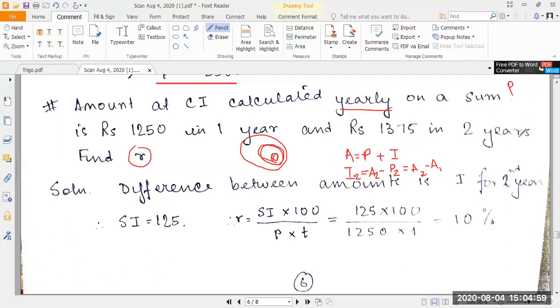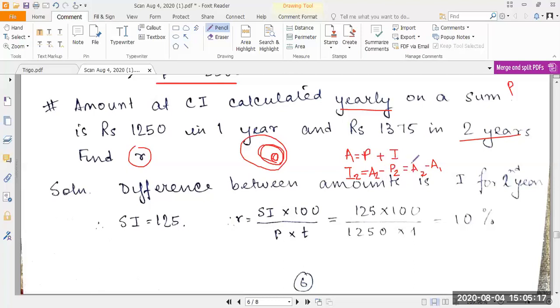So let's take interest of the second year equals amount of that year minus principal of that year. And we said that the principal of a current year is the amount of the previous year. So A2 minus P2, amount of second year minus principal of second year, A2 remains A2.